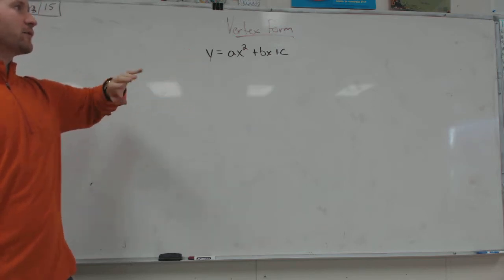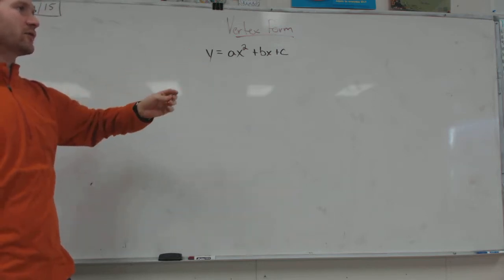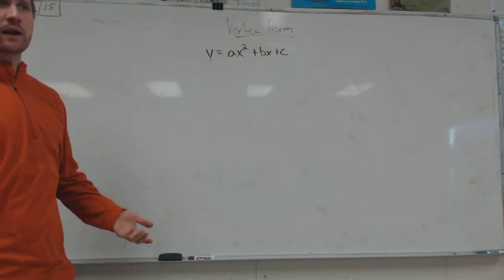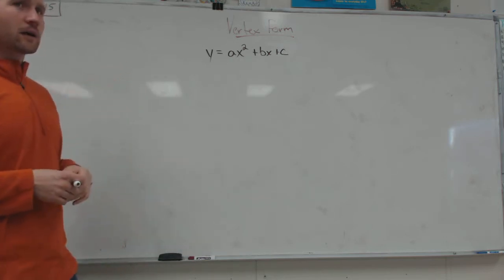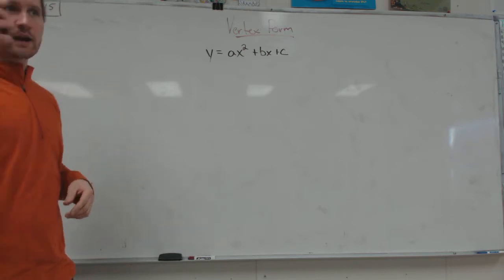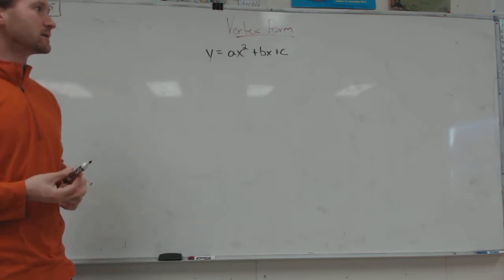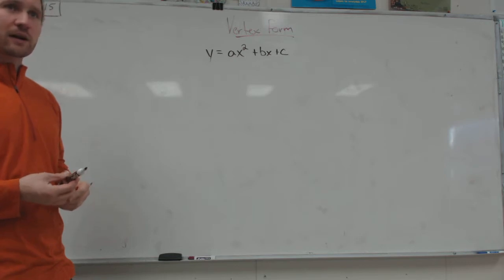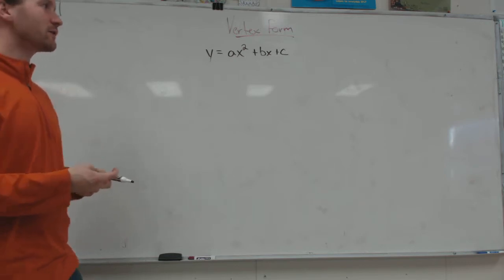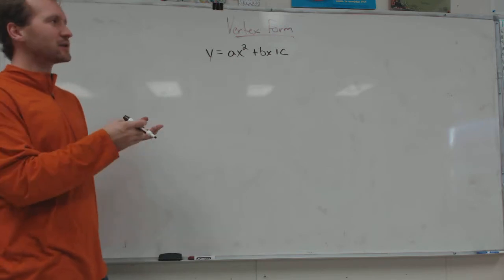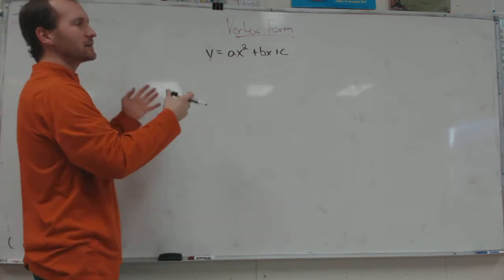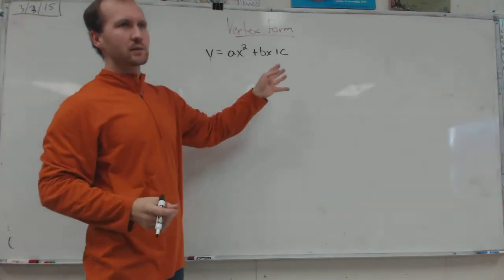We have a bunch of formulas that help us figure out where the vertex is, negative b over 2a. Help us figure out the roots, which is the whole quadratic formula you learned: negative b plus or minus the square root of b squared minus 4ac, over 2a. But that's pretty complicated. It's not like just simply, a means this, and b means this, and c means this.